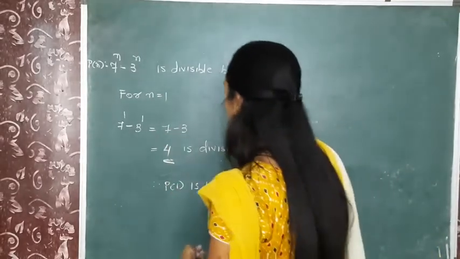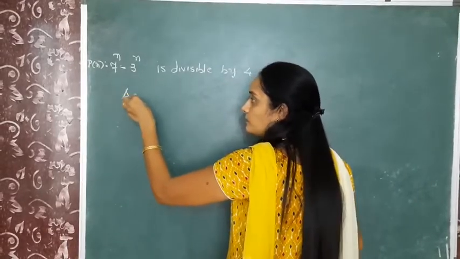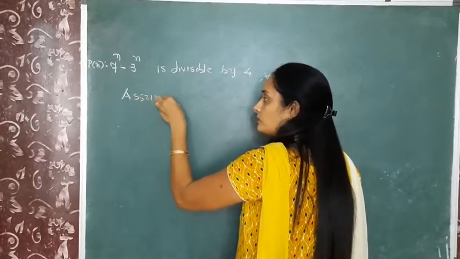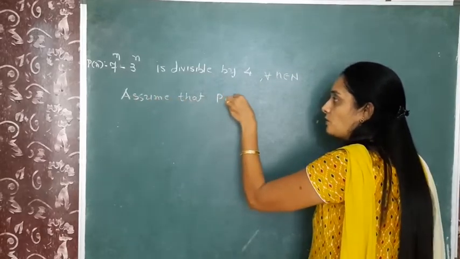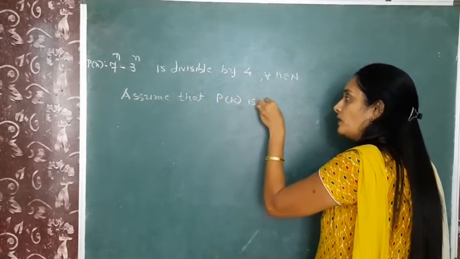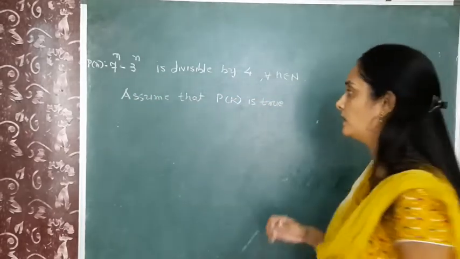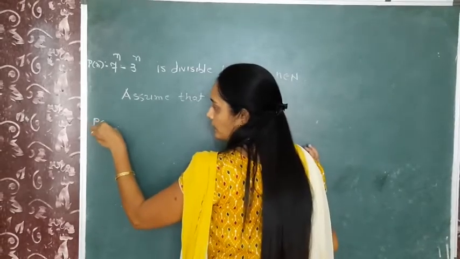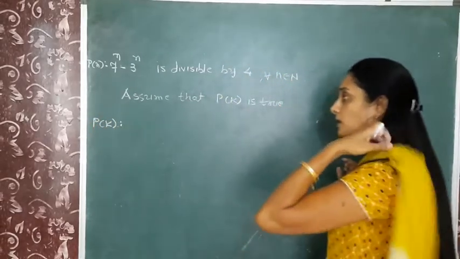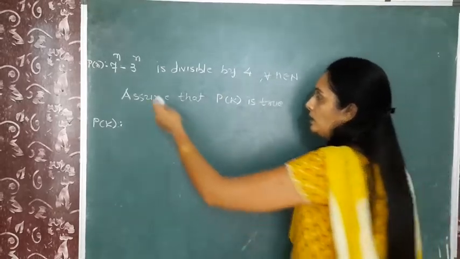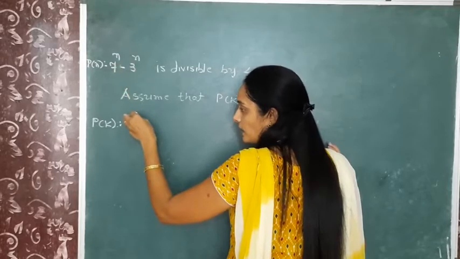Now we assume that P of k is true. That means the given statement is true for any natural number k, and therefore we can write exactly statement P of n, but we write k when we say n.